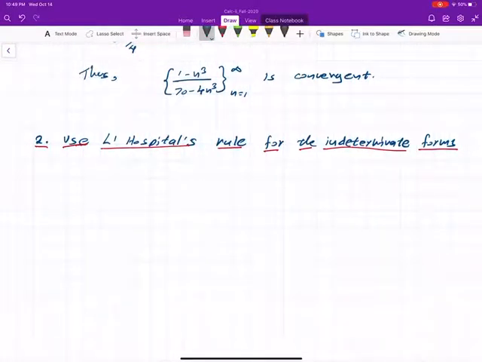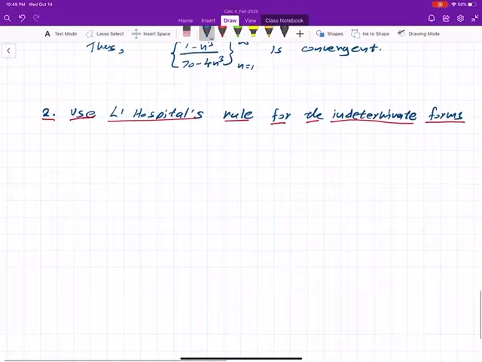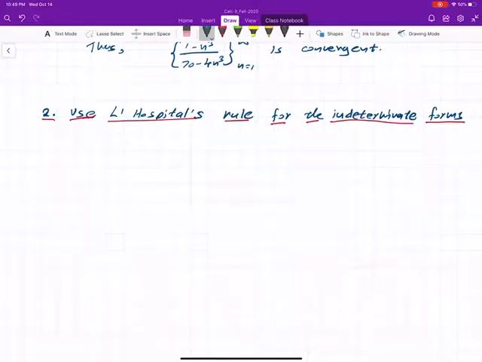All right, let me explain how this works. First of all, let me explain what the indeterminate forms are. There are 7 indeterminate forms. Let me write them.